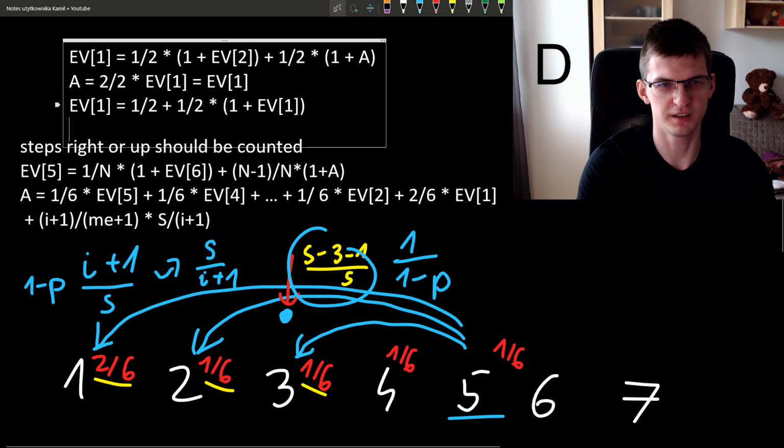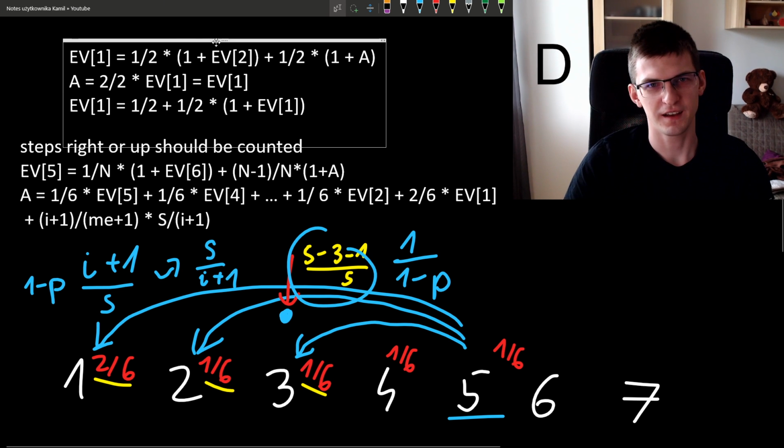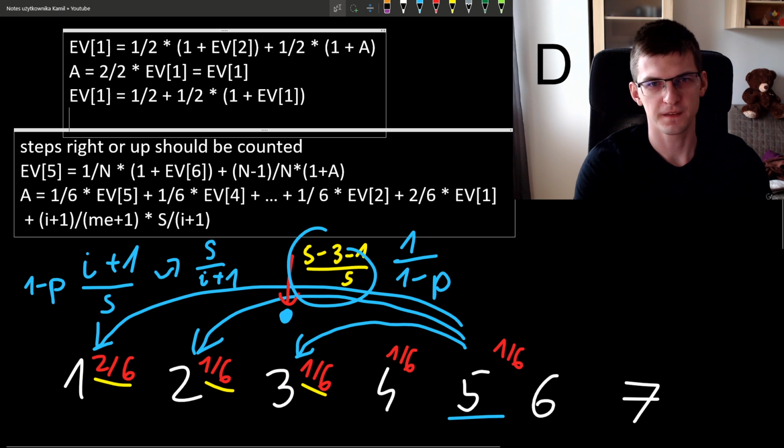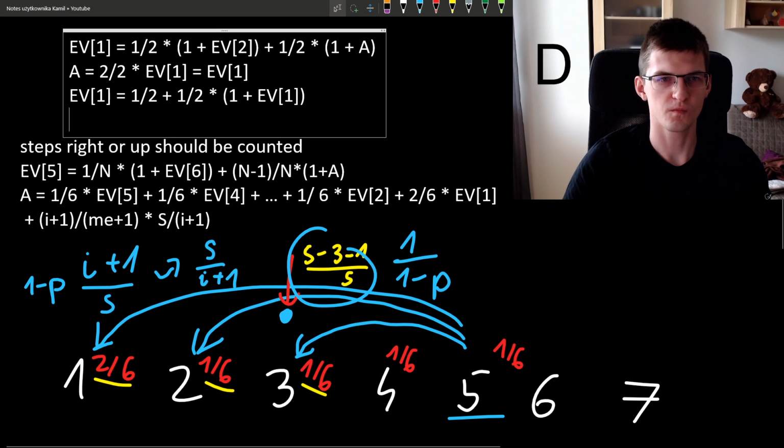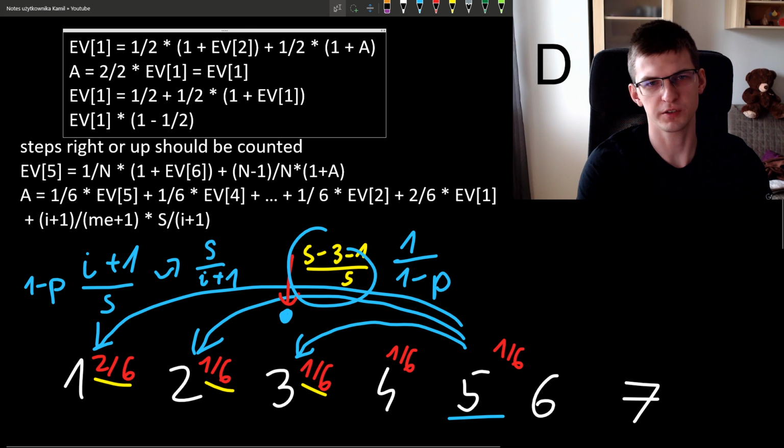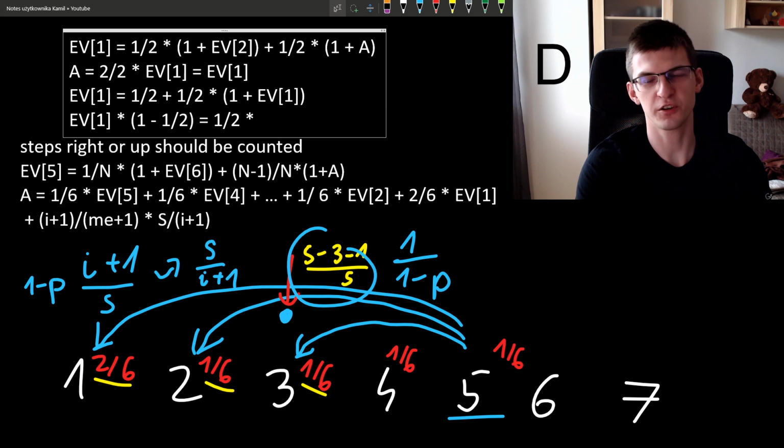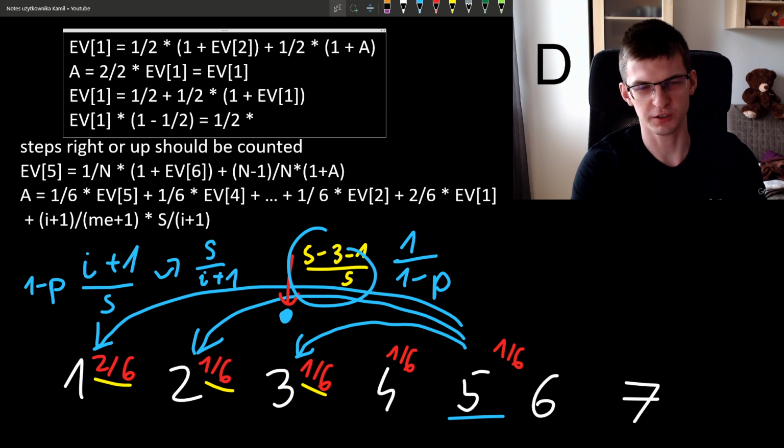Let's just compute, let's just solve this. EV of 1 times 1 minus half from the right is equal, whoa. The 0.5 was automatically put here. OneNote does computations.